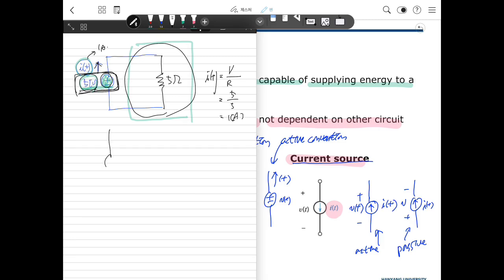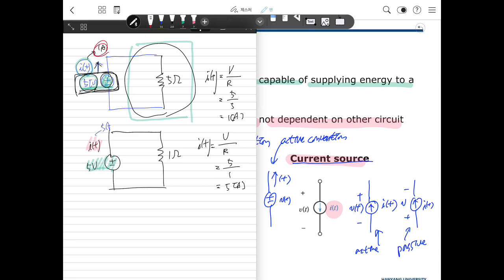For example, we use the same voltage source, but we change the resistor to 1 ohm, then the current i(t) is 5 amps. We use the same voltage source, but the current is different. So this is 5 amps.